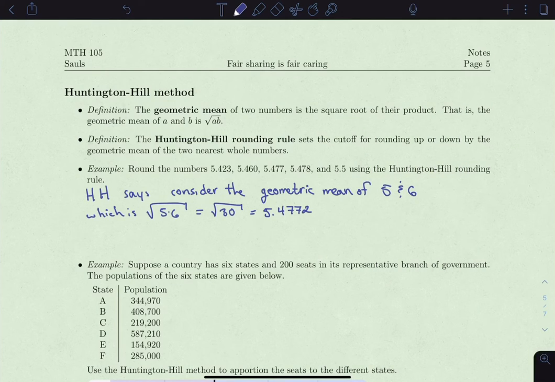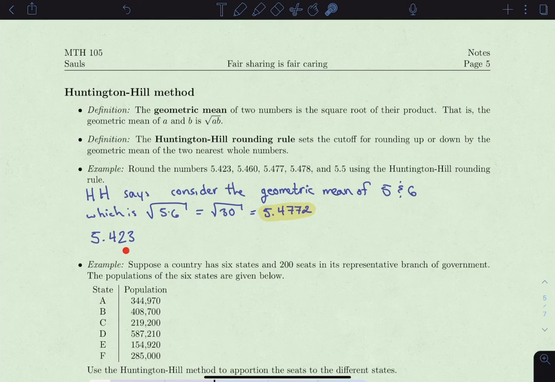Let's look at these numbers. We'll look at 5.423. If we're using this rounding method, we compare everything against 5.4772.